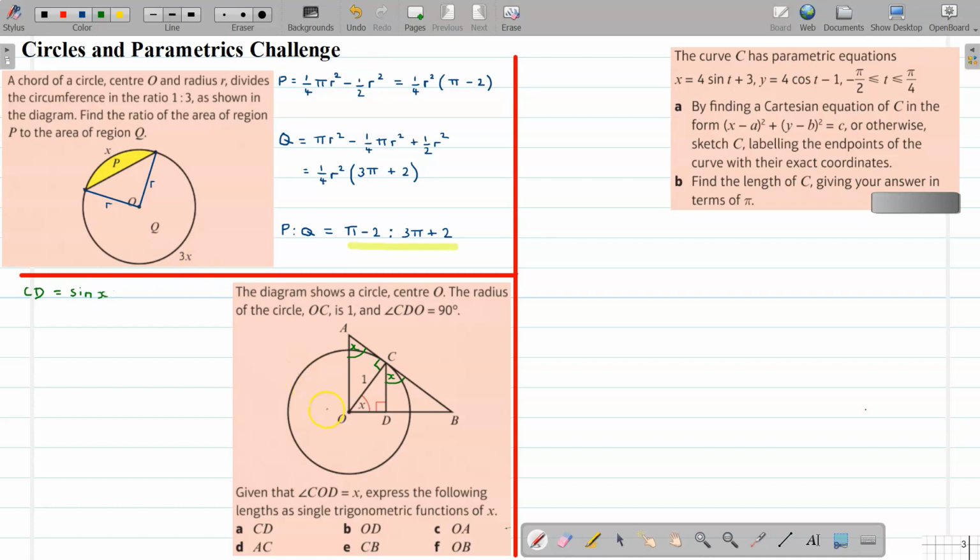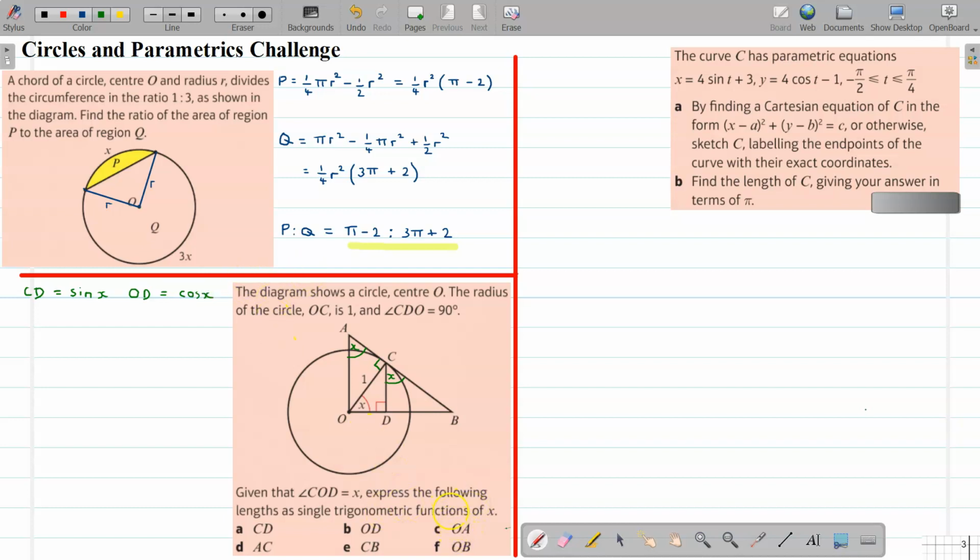And the next one, OD, in the same triangle, is the adjacent over 1, is the cosine of x. So OD equals cos x. So that's the first two done.